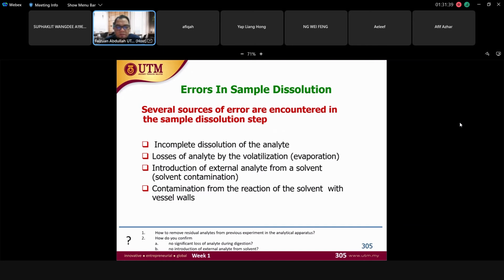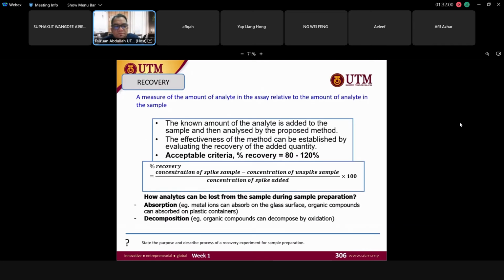The analyte volatilizes outside of the conical flask, for example. Contamination from the solvent or the conical flask wall: if there are contaminants on the wall and you just use it without washing it, some interference will be there.